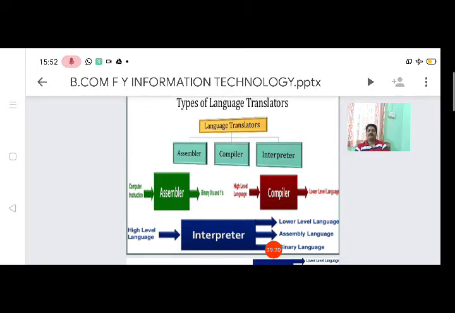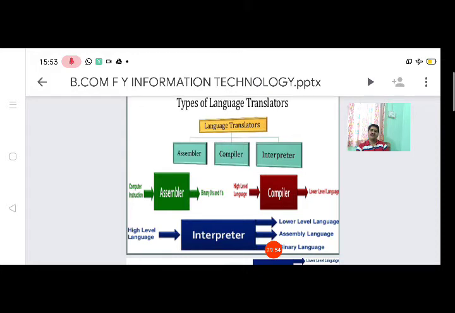A program written in a high level language is called source code, and to convert the source code into machine code, a translator is needed. The general term for a software code converting tool is translator.